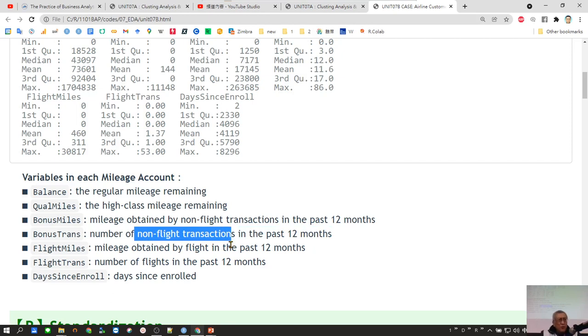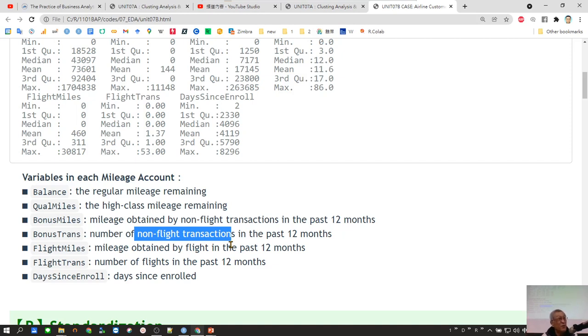What I mean by non-flight transaction is that the mileage you earn does not necessarily come from flights. Sometimes you rent a car, you get mileage. Sometimes you go to a hotel. They have some alliances, so if you go to the alliance car rental company or the aligned hotel chain, you earn mileage.